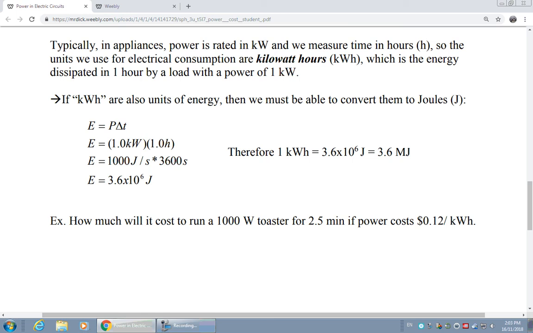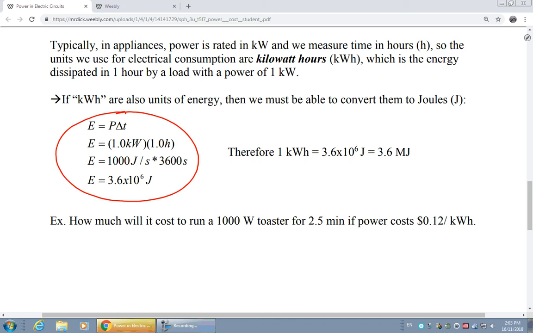I've just shown this little calculation for you once again, but we already saw all of this presented in our energy unit. It's just a little reminder that 1 kilowatt hour can be easily converted to joules by taking 1 kilowatt, or 1,000 joules per second, and multiplying by 1 hour's worth of seconds, which is 3,600 seconds.